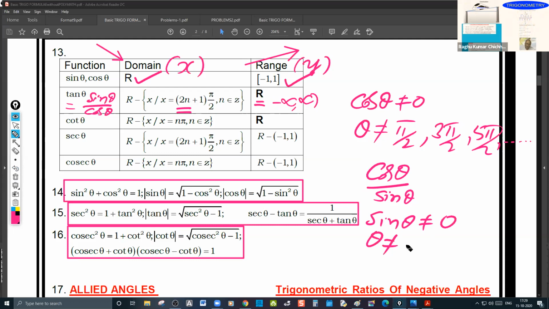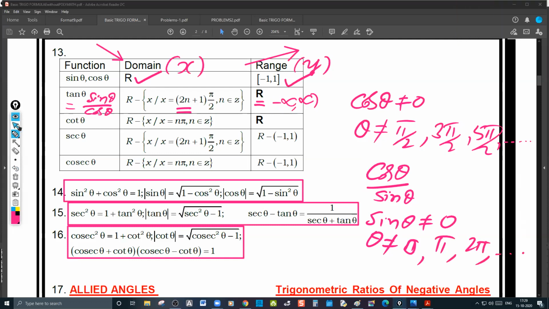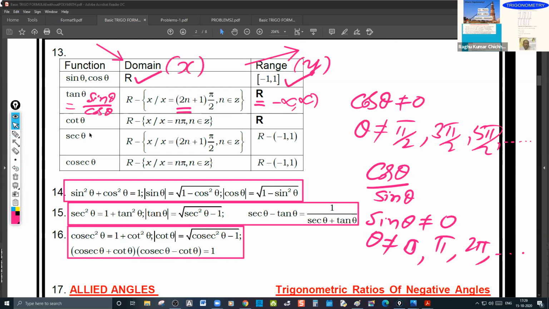Then theta is not equal to 0, pi, 2 pi, and any n pi. So cot theta will not accept all the integral multiples of pi. So the domain is R minus the set of x such that x equals n pi. You have to remember all these, please. Maurya and Bhavita, you have to remember all this because the conceptual questions will be based on this. So the range of cot is the set of real numbers.